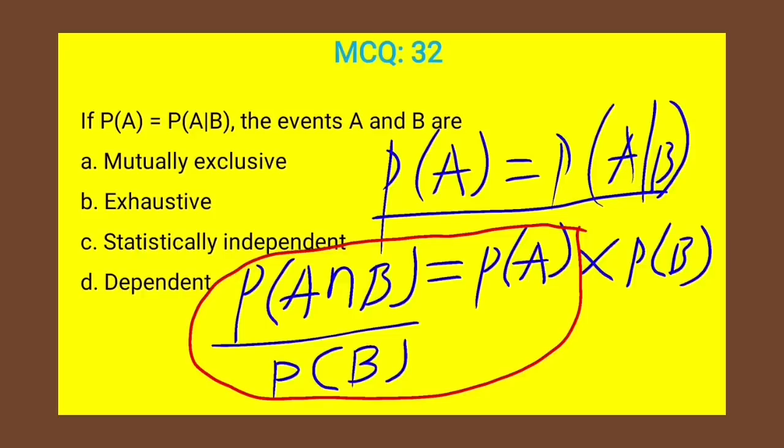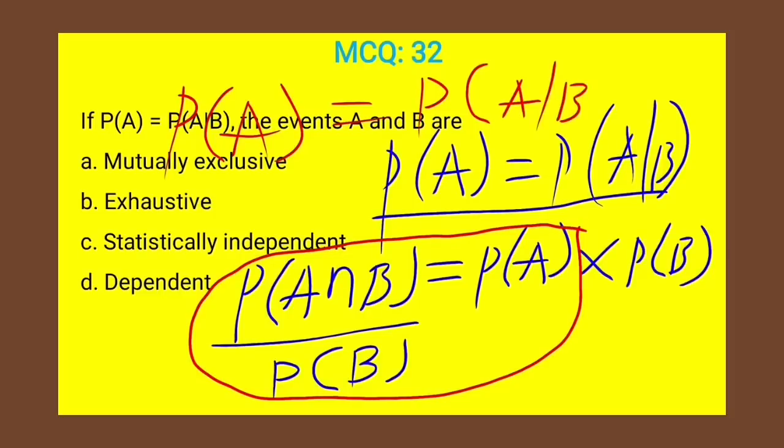And if that is so, then it means that probability of A is the same thing as probability of A given B. And then we said in that case it's going to give you probability of A intersection B all over probability of B, because the idea is that for A to occur, B should already have occurred.